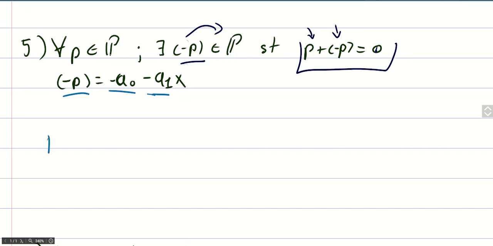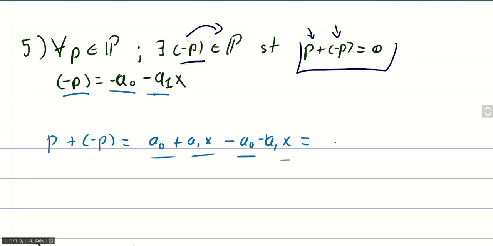We can verify that p plus minus p is equal to a0 plus a1x, and here the inverse, a0 minus a1x, and this, as you can observe, is equal to 0, just like the zero polynomial.